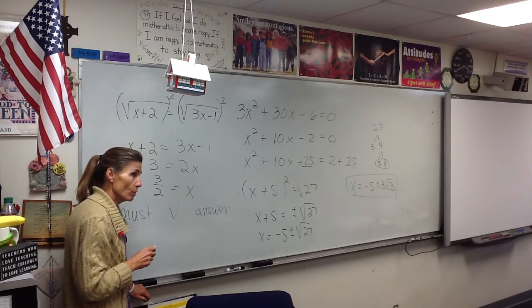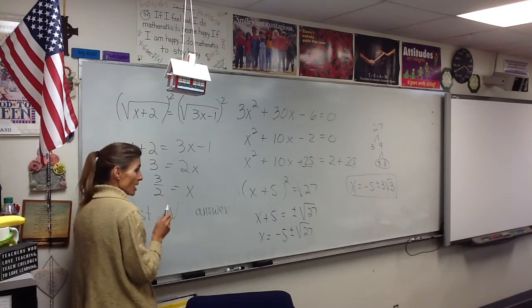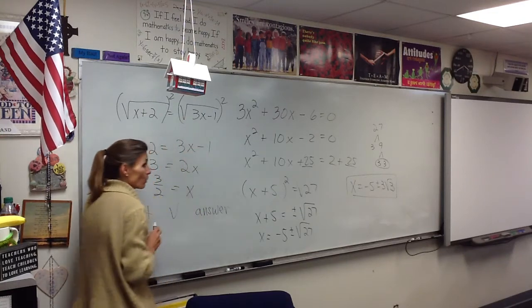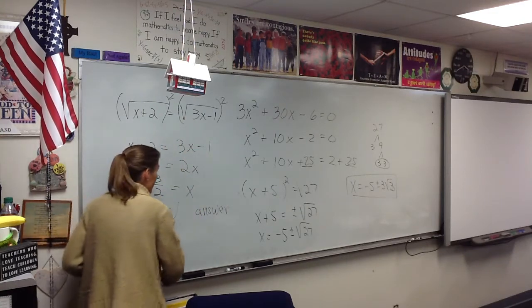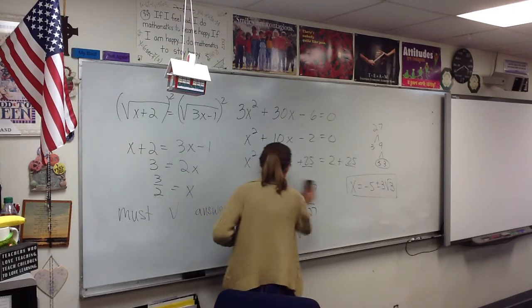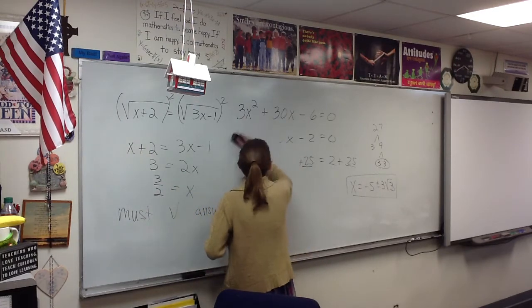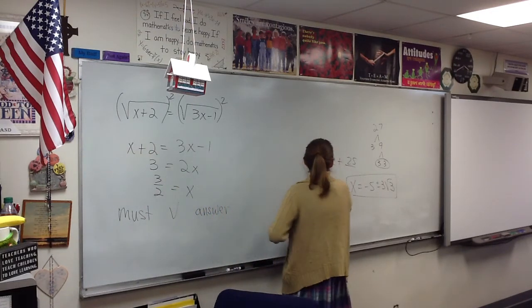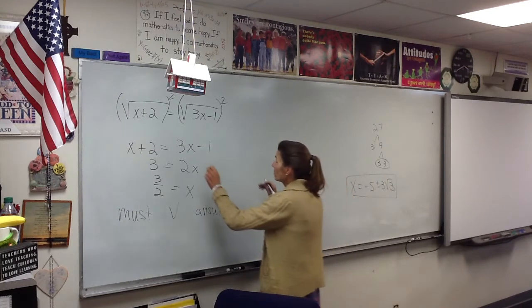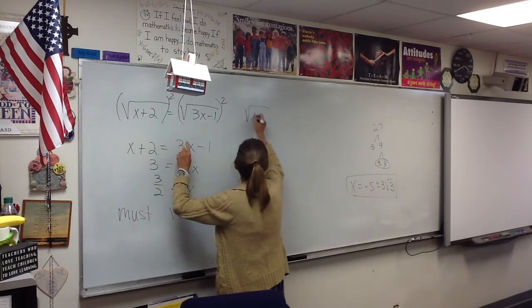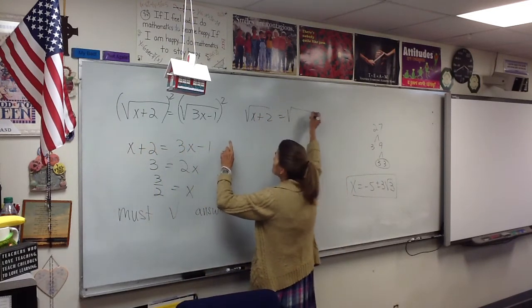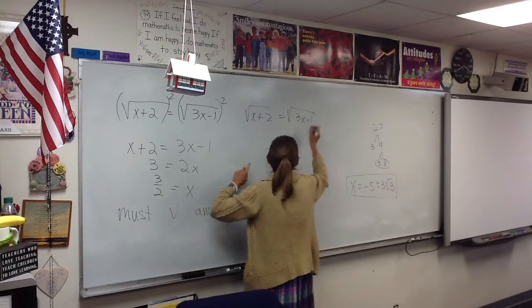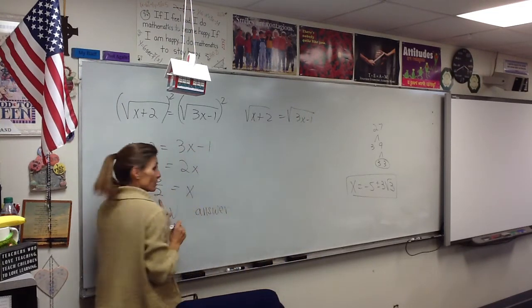And you never know. So you have to check every time you square both sides. So what do I mean by check? I mean, go back to the original equation, the very original equation written on the paper. And every time you see an x, plug in 3/2.